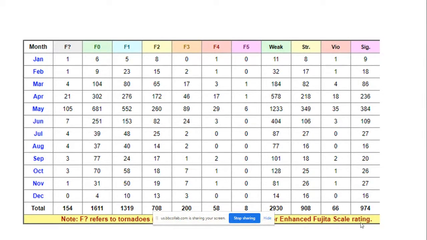Actually, I don't know what he had because I couldn't find it, but I found this on the internet. You see that we have different classifications, and this is called a Fujita scale. Actually, I'm not sure how to say that. It's the F scale, but F0 is a weak storm, and F5 is the worst storm you've ever seen in your life. And there's all kinds of data here about these tornadoes.